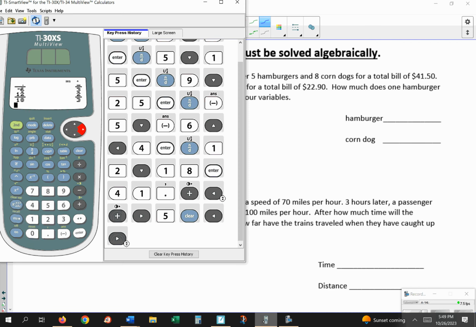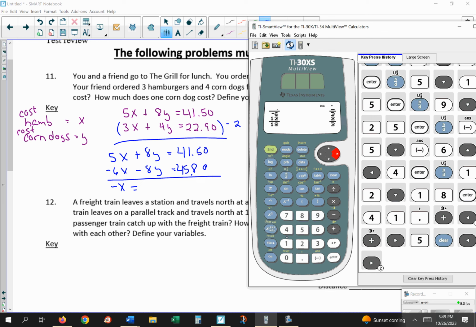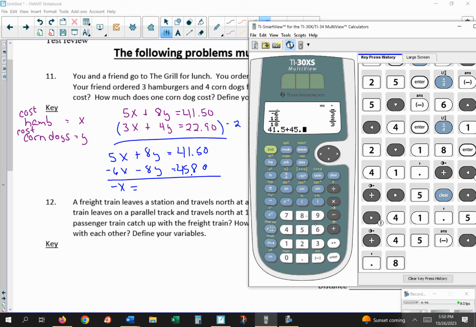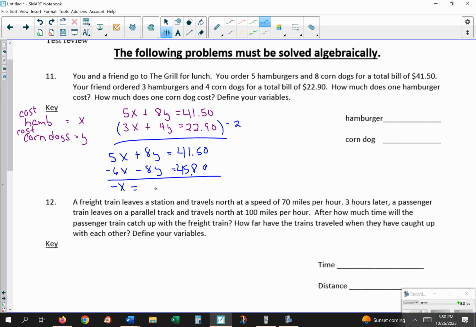Got sidetracked completely there. 41.5 plus 45.8 gives me 87.30. Nope, I've got a mistake someplace. Forgot my negative sign right there.